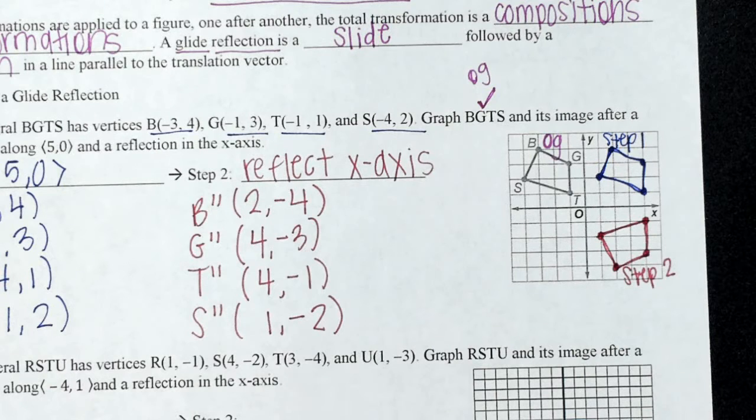Doesn't this kind of make sense, though? Because look, we had to move 5 this way. So each point is moved 5 over. Then step 2, you wanted to reflect over the x-axis. Here's the x-axis. Isn't each one of these points the same amount from the x-axis? You see it? So what happened is you got from here to over here. You slid and then you reflected. So it's not new, right? We just have to put all the pieces together. Can we actually say step 1 and step 2? You can.